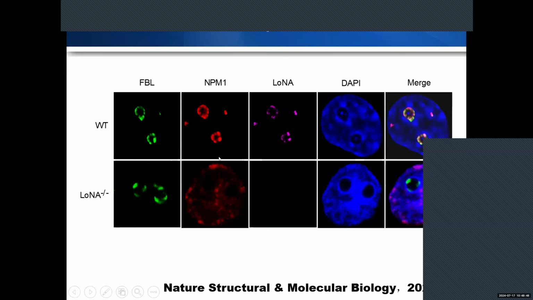The inner layer is called FC, the middle layer is called DFC, and the outer layer is called GC. NPM1 is the outer layer marker. When we knock out LONA, NPM1 is released from the nucleolus to the nucleoplasm, meaning the nucleolar structure is disrupted.